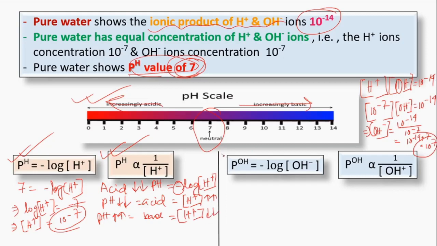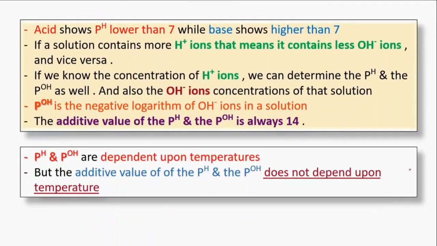It is also applicable for OH minus ion, and the pOH is the negative logarithm of the hydroxyl ion concentration. pOH is again inversely related with the hydroxyl ion. As you can see, acid shows a pH lower than 7 and base shows higher than 7.